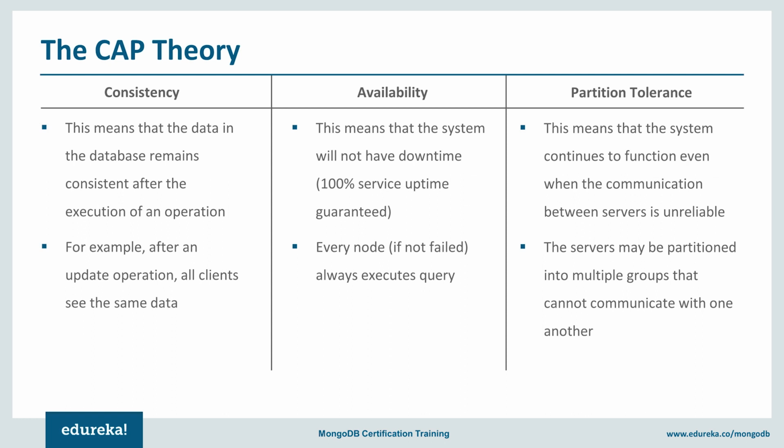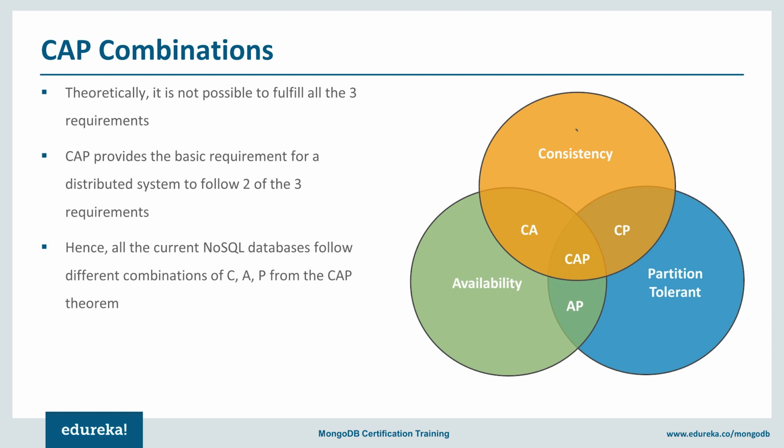So this is what the CAP theorem talks about: consistency, which defines how the data looks; availability, which defines how highly the cluster or the data is available to the consumers; and partitioning, which defines how the data is spread across multiple nodes. There is a possibility, just like I told you, that not all NoSQL databases can support all 3 of them at the same point of time.